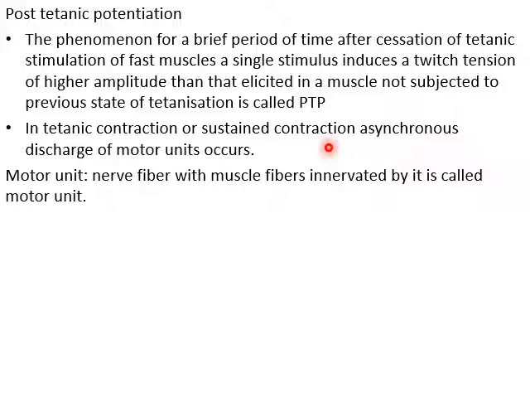Normally when we are standing for a long period of time, the anti-gravity muscles, the soleus muscle and the axial muscles of our body continuously show a sustained contracted state, which is tetanic contraction. So the muscle as a whole shows a sustained tetanic contraction, whereas inside the muscle, the motor units will be firing at different times and for different durations, so that there is sustained contraction but asynchronous discharge in the motor units.